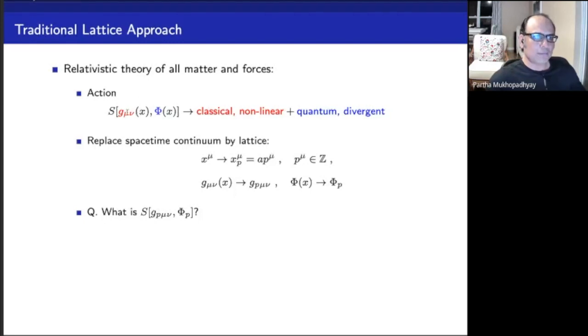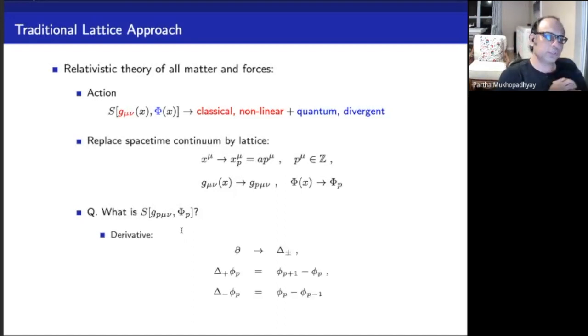Now, if you have a term in this action which is some product of these fields, then it is straightforward. You just take the same term and put it on the lattice point. But if you have derivatives of these functions appearing in this action, then how do you deal with that? Because a derivative is not defined on the lattice.